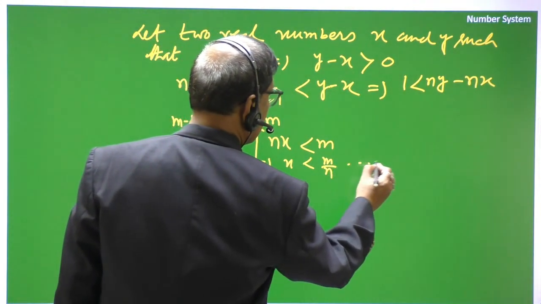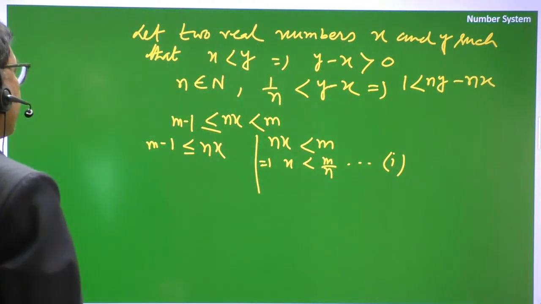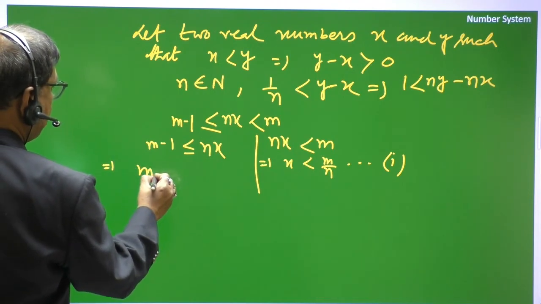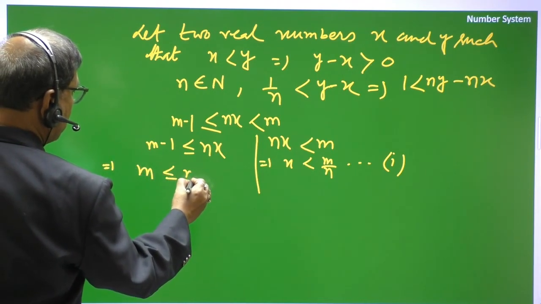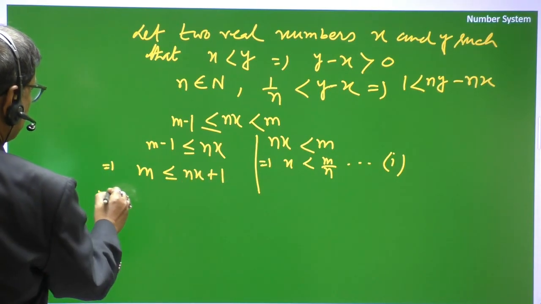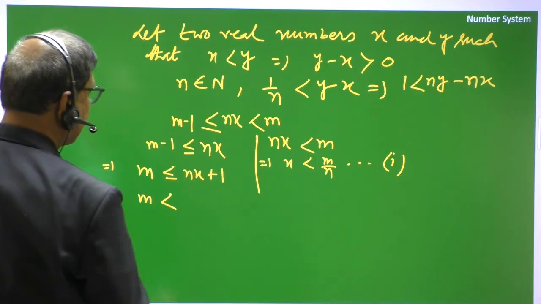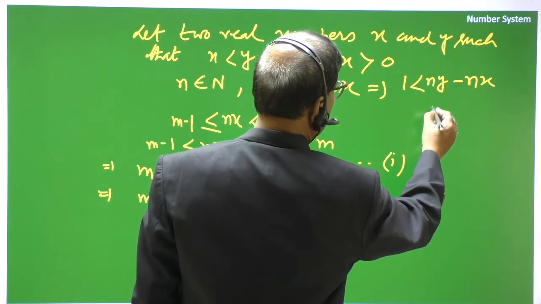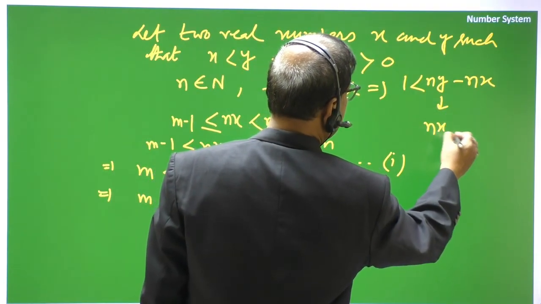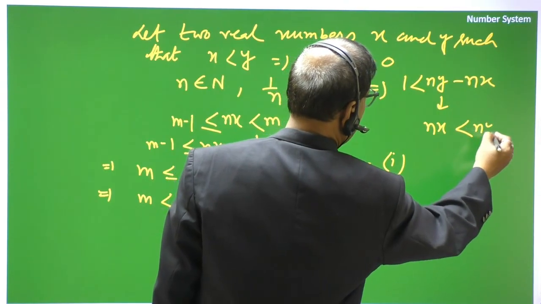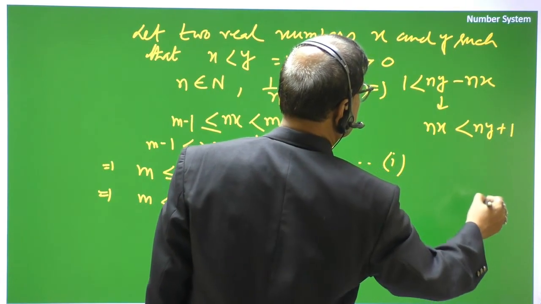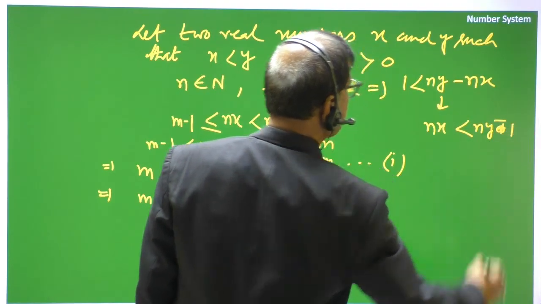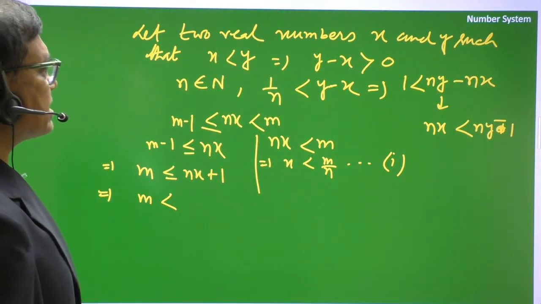So if I mark as 1, now from here m is less than or equal to nx plus 1. That implies m is less than, again see from here, from this part we can write nx is less than ny minus 1. Yes, nx less than ny minus 1.